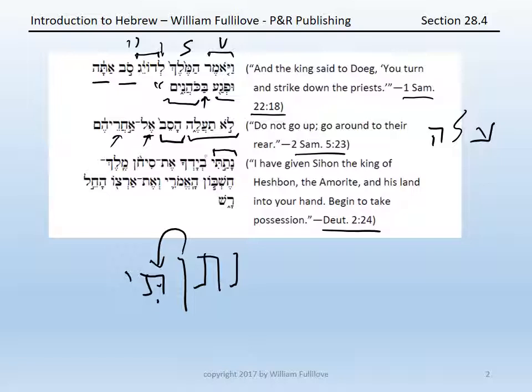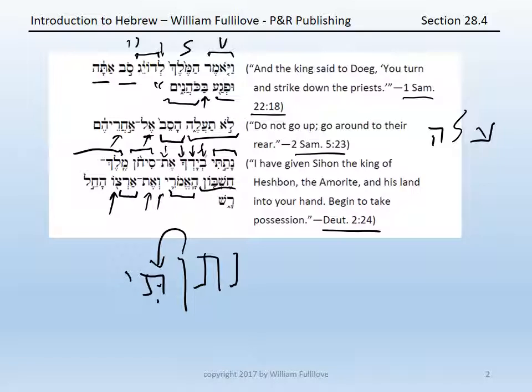I have given b into yad, hand, ka, your hand, into your hand, et, marking the definite direct object, Sihon, the personal name, described by the construct phrase, melech Heshbon, the king of Heshbon, and then further described as the Amorite, ha'emori, and the et, marking the definite direct object again, eretz, land, plus o, the possessive suffix, and his land.